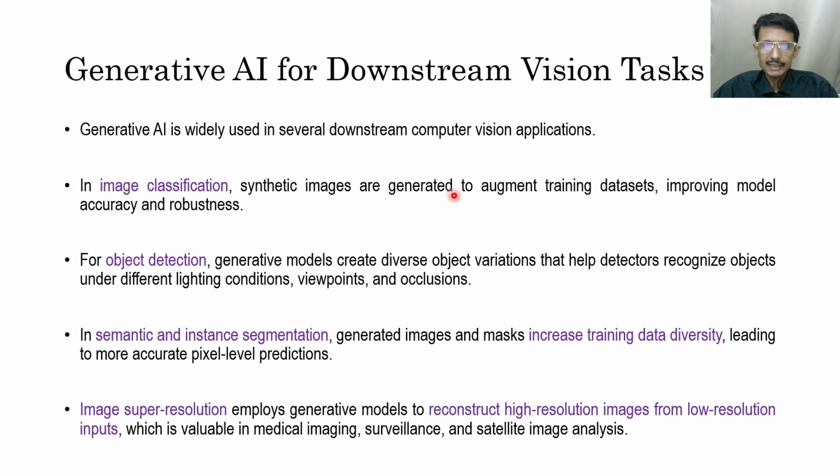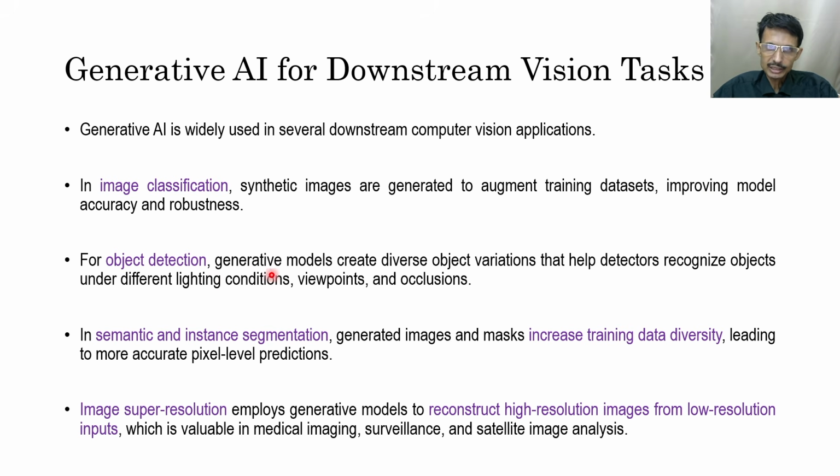Now, these are the different computer vision tasks. Image classification we have discussed, and how the existing non-generative, traditional machine learning or deep learning models work. Now in generative AI, it generates synthetic data to augment the training dataset, improving model accuracy and robustness.